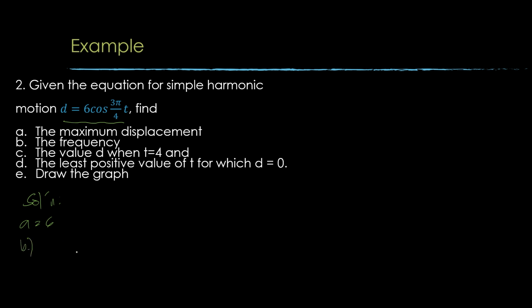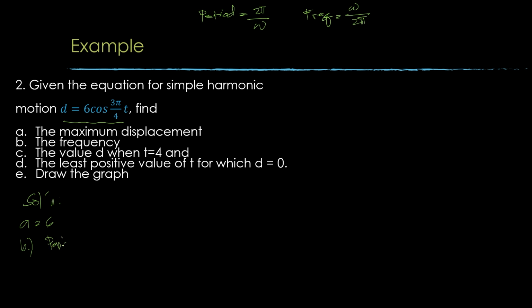Letter B: what is the frequency? It was discussed earlier that our period is equal to 2 pi over omega, and the reciprocal of your period is your frequency. So let's find the period first.